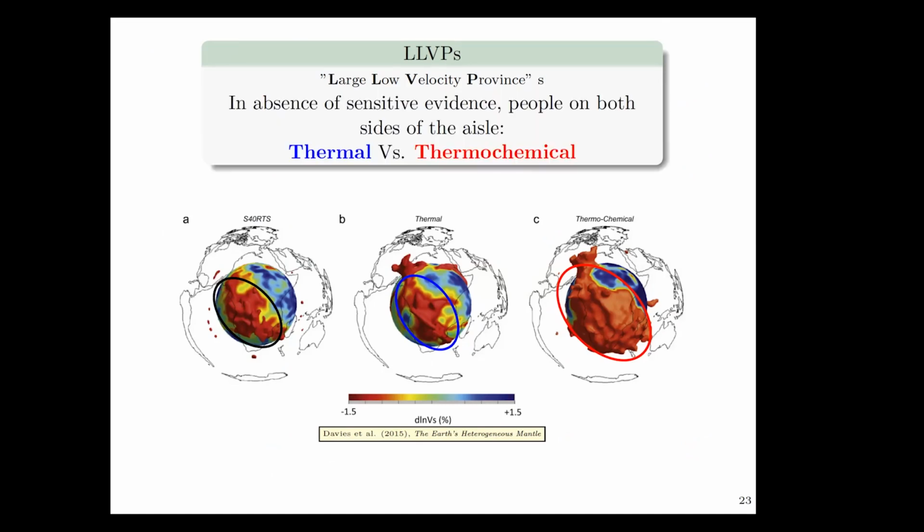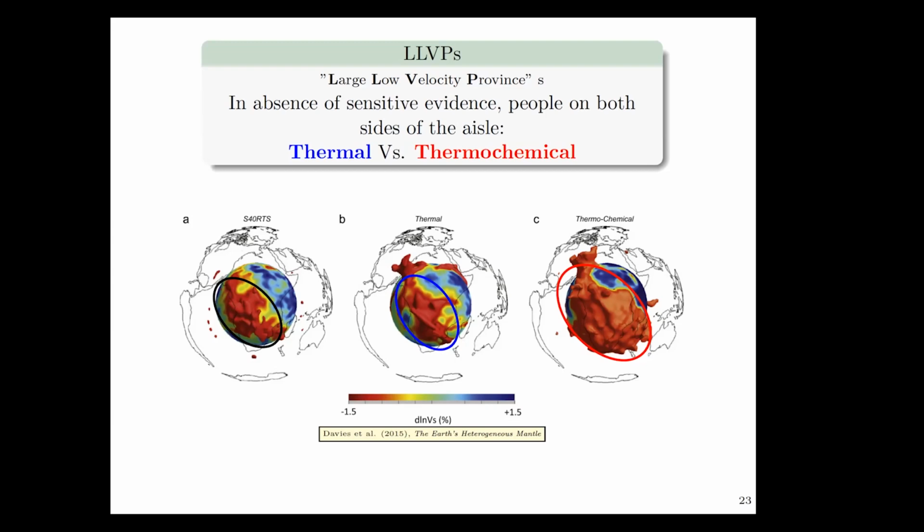The seismic observations that we have had in the past are pretty insensitive to things being thermal or thermochemical. So in the absence of any sensitive evidence, people are on both sides of the aisle, thermal versus thermochemical.